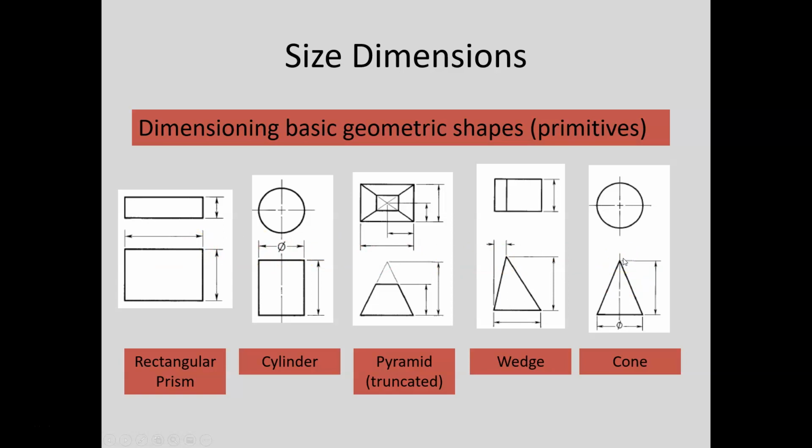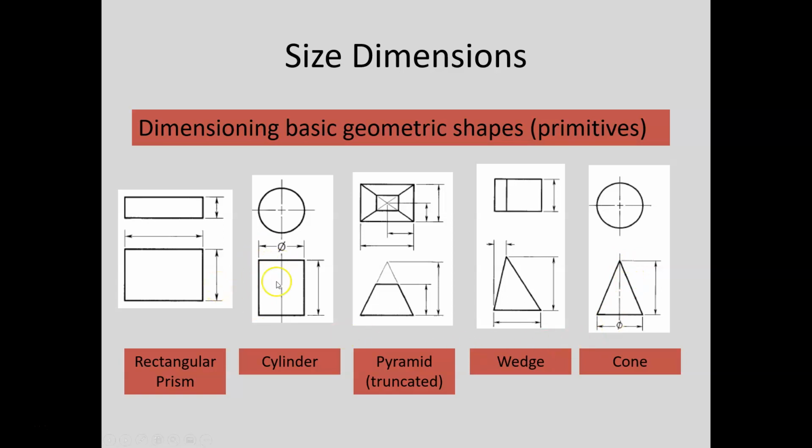There's actually 7 total primitives that we could use. There's 2 that I left out here. That would be a torus, and a torus is a donut shape, and then a sphere. So of those 7 shapes, we could put them together to make any 3-dimensional object. Now, we have to understand that for each positive version of a primitive, there's also a negative version of a primitive.